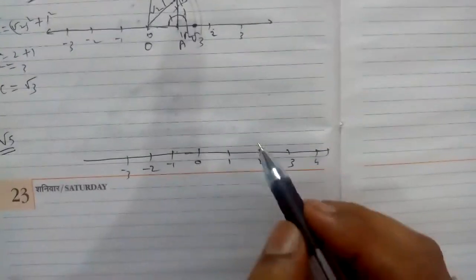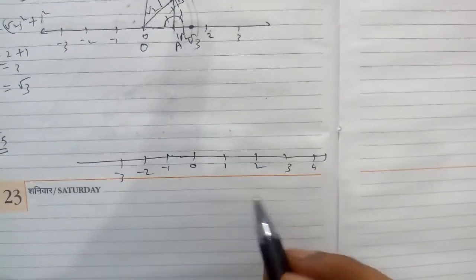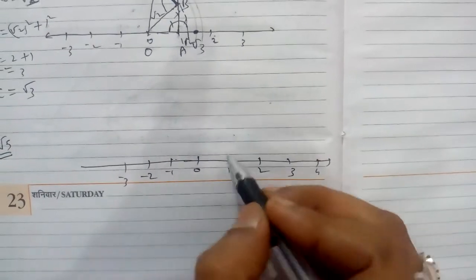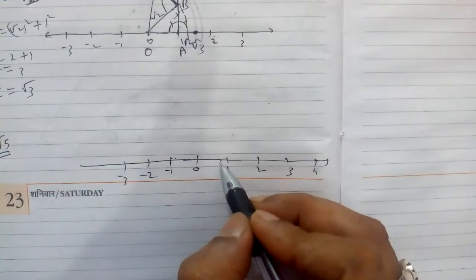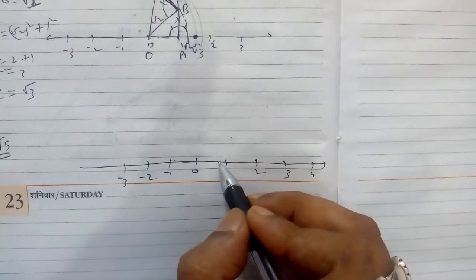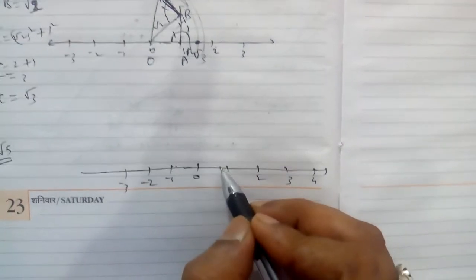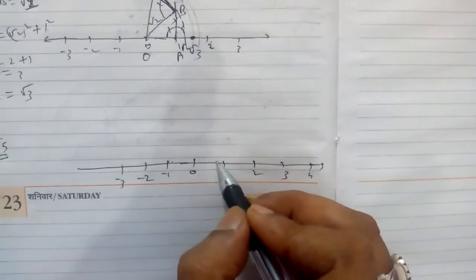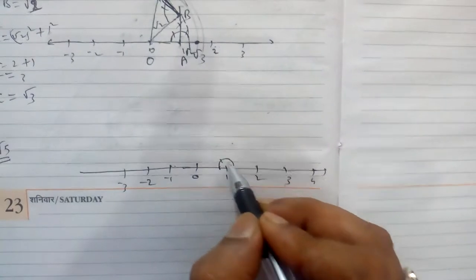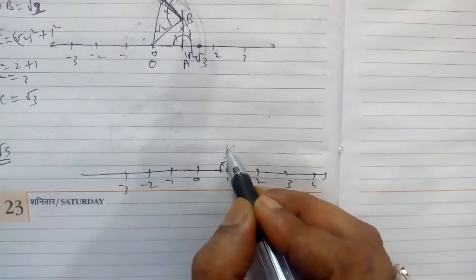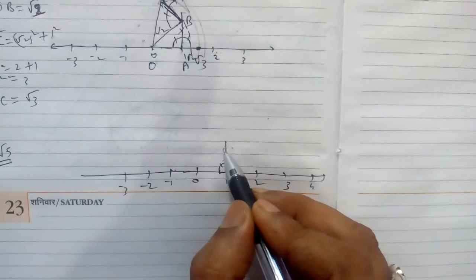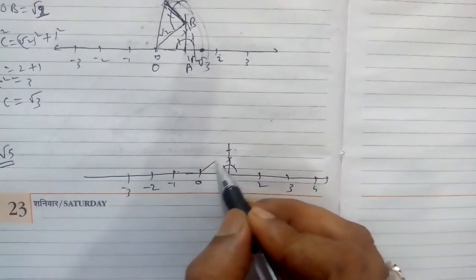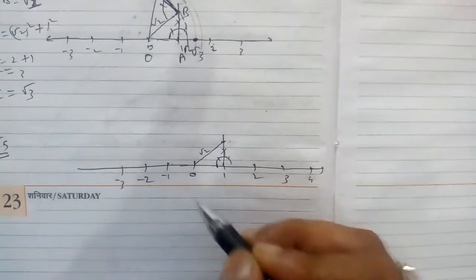Root 5 you will draw by drawing root 2 first. There are two methods. One method is, first of all you draw root 2. How will you draw root 2? Like the previous one. You draw a 90 degree by protractor or compass. Cut 1 centimeter. So 1 plus 1, you are getting root 2.